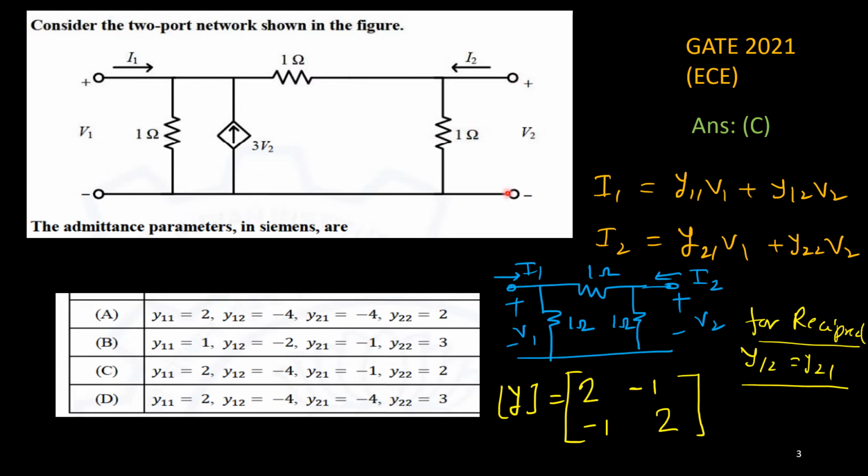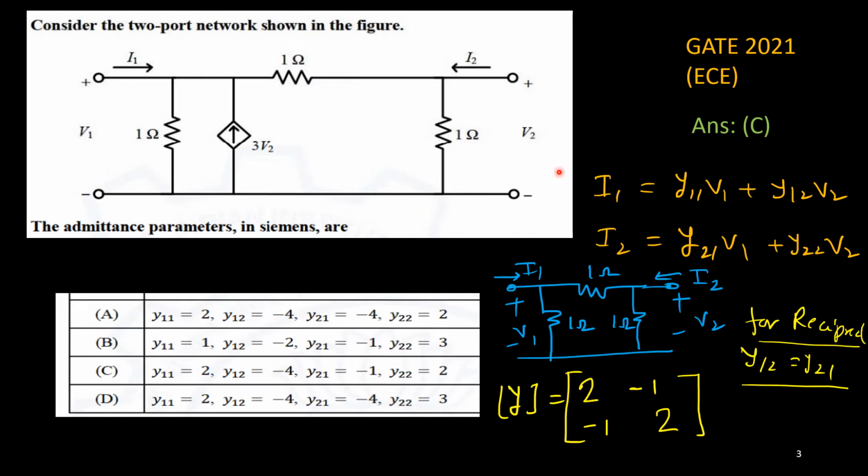Then you find the admittance from this side, right? If V2 is shorted, V2 is 0, so this current, 3 times V2, is also 0, this current is not there. That means only this 1 ohm and 1 ohm will be there, like a simple pi network. That means your input admittance will remain 2. It will not change.